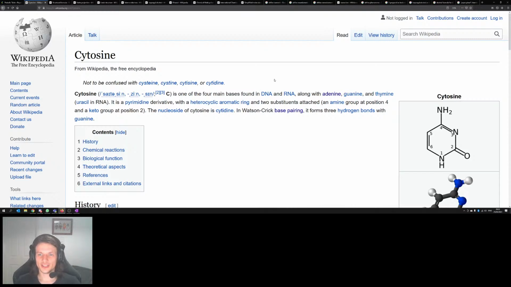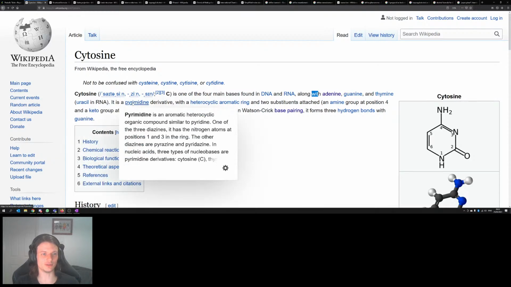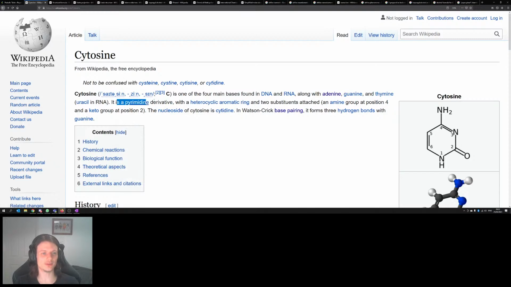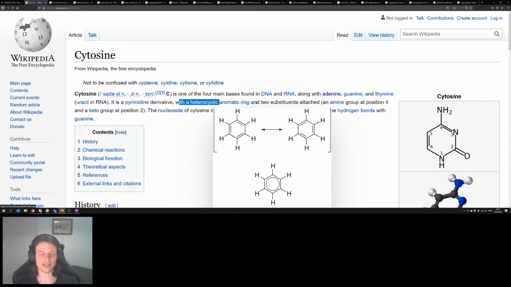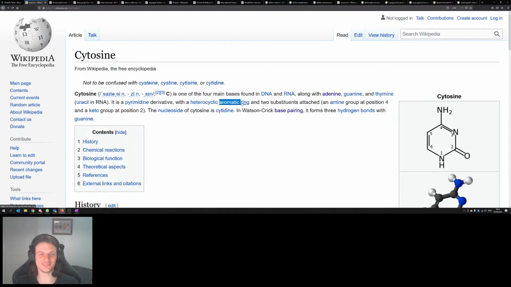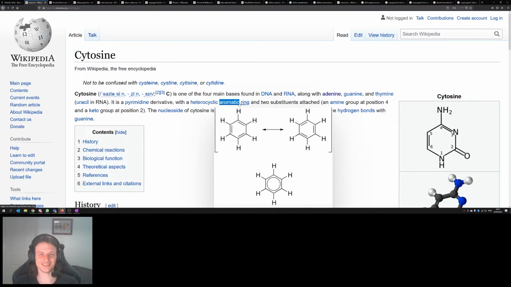Okay, what the hell are these? So, cytosine is one of the four main bases found in DNA, along with these other ones: adenine, guanine, thymine, uracil, pyrimidine derivative. Oh, it is a pyrimidine derivative with a heterocyclic aromatic ring. Ah, this can't be right. Aromatic.